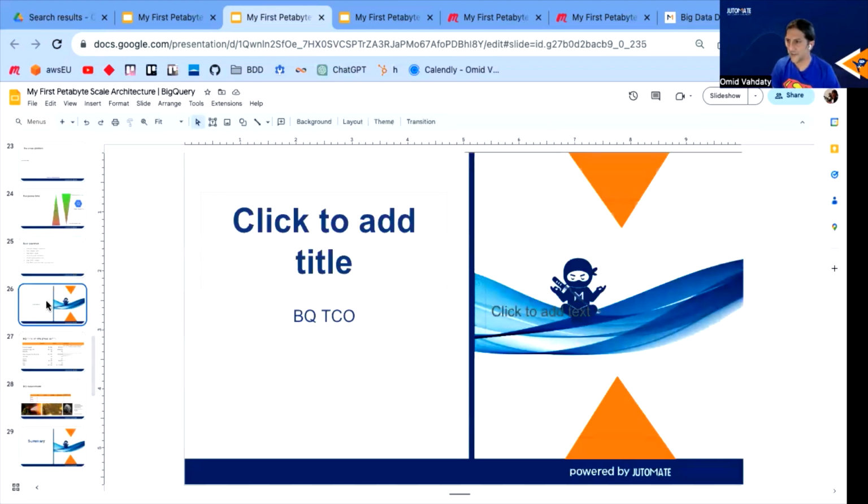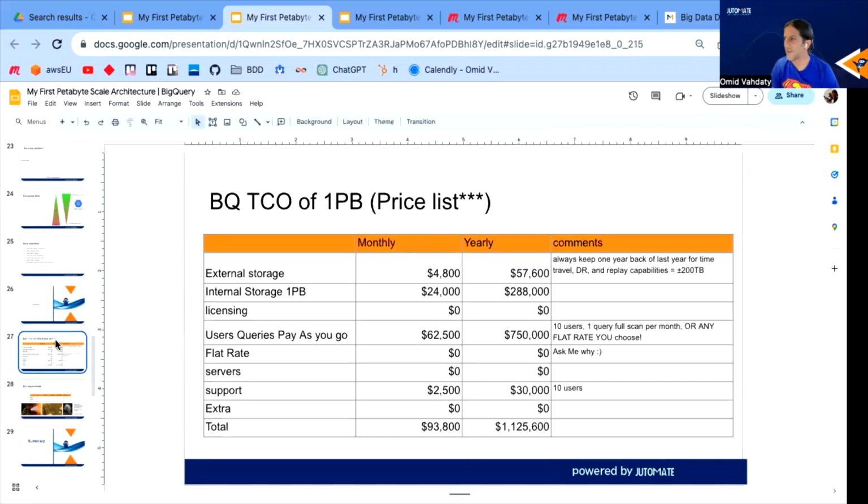BigQuery TCO analysis. So again, this is just a framework I'm offering. It's not something you should take for granted as if this is the cost of using BigQuery for a 1 petabyte use case, because it can be widely different from use case to use case.